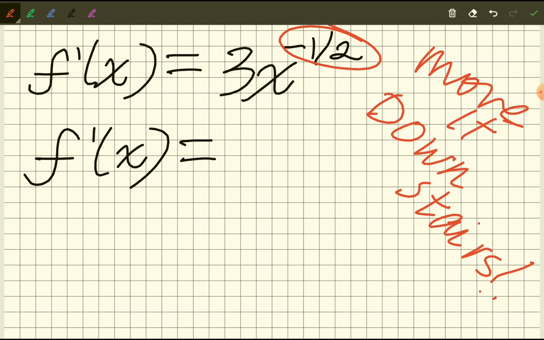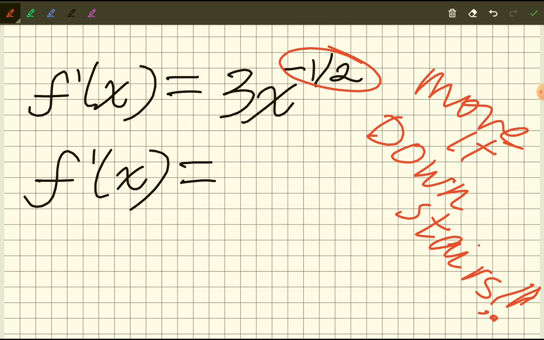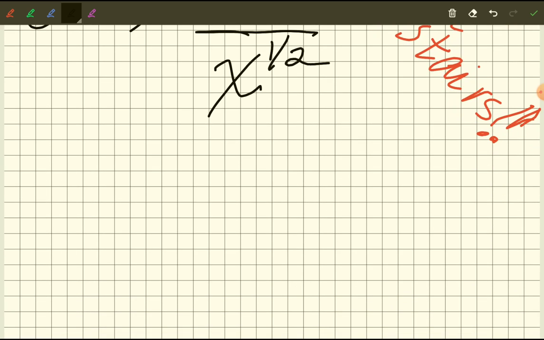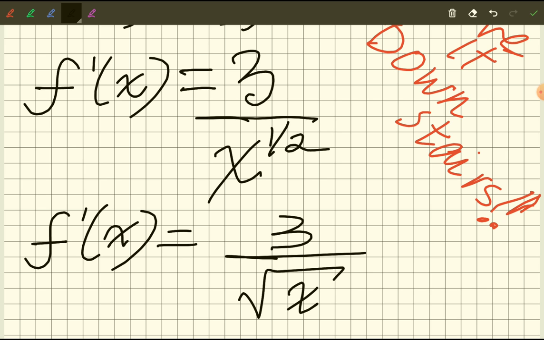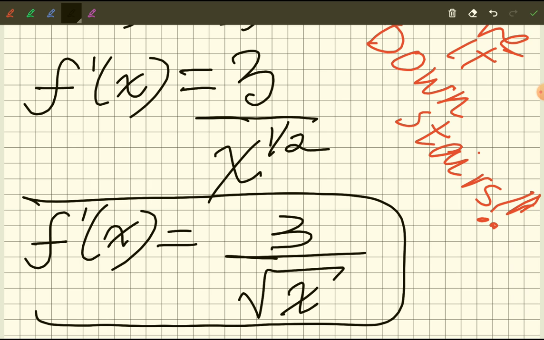That eliminates negative exponents. So my final answer is 3 over x to the 1/2, aka, even nicer looking, 3 over square root of x. And then you're done.